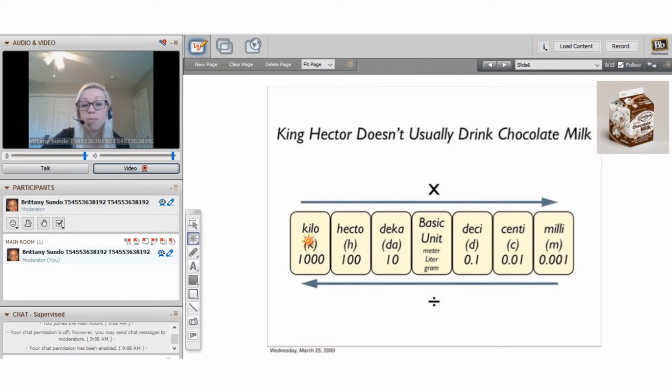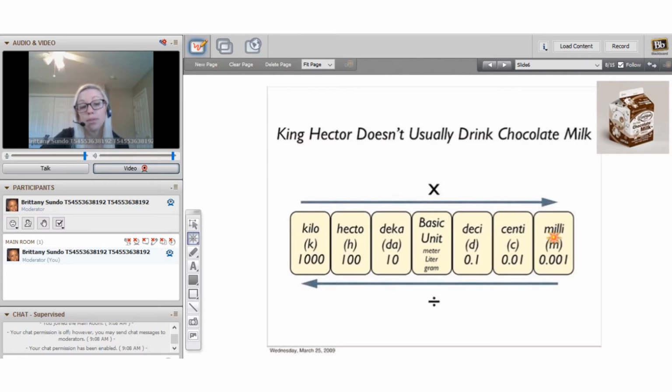So it could be kilometers, kiloliters, or kilograms, hectometers, hectoliters, or hectograms, decameters, decaliters, or decagrams. And then it works the same way on the right-hand side of the chart. So we could have decimeter, deciliter, decigrams, centimeter, centiliter, centigrams, and millimeter, milliliter, and milligrams.